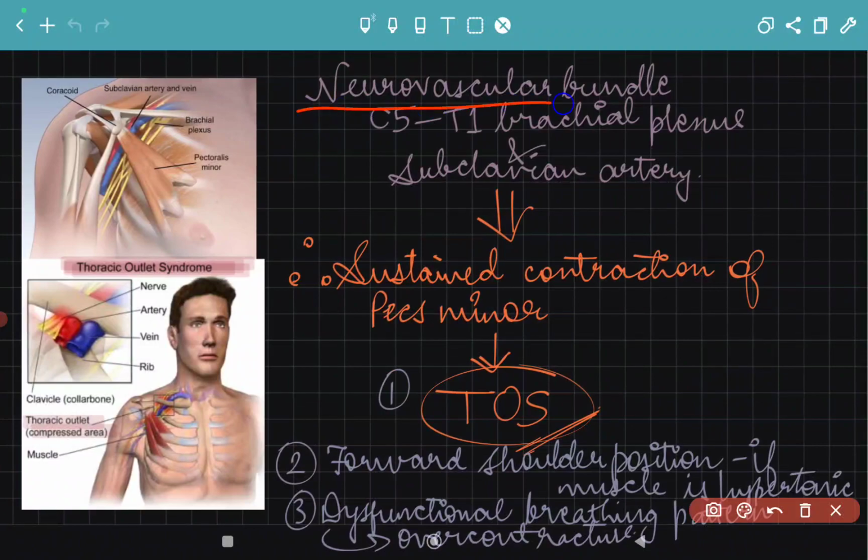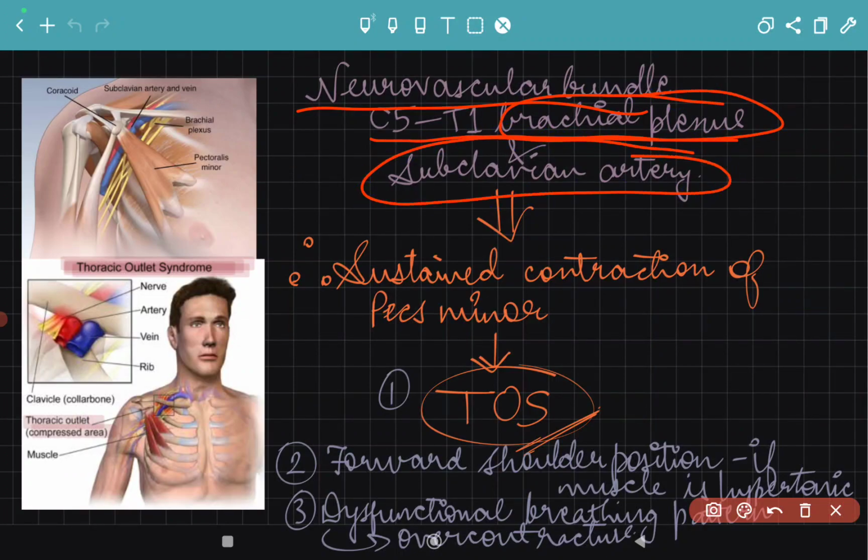So the neurovascular bundle, the C5 to T1 brachial plexus, that is in short the brachial plexus, and the subclavian artery, which is the neurovascular bundle beneath the pectoralis minor muscle. We can see here the subclavian artery and vein, and the brachial plexus passing beneath this pectoralis minor muscle.